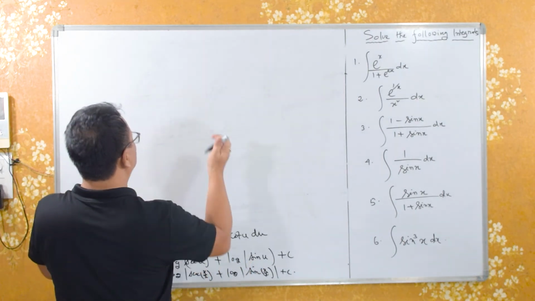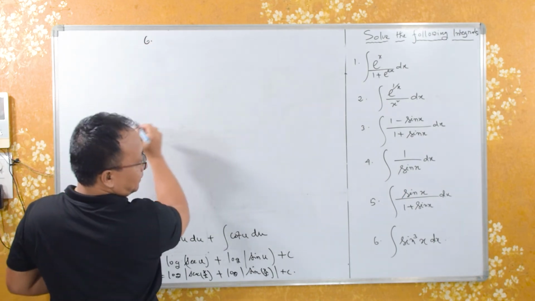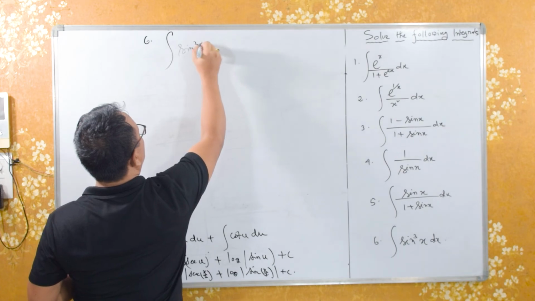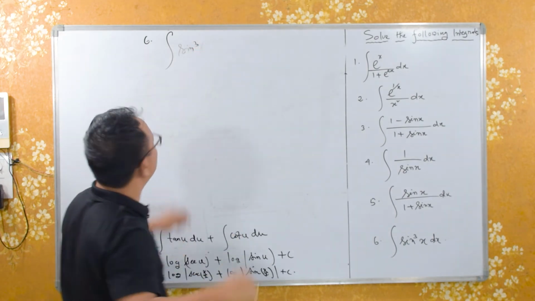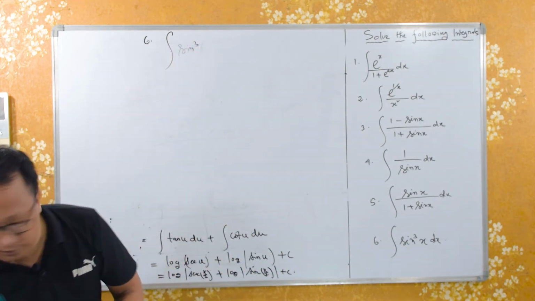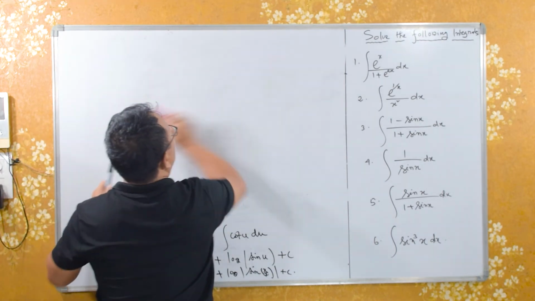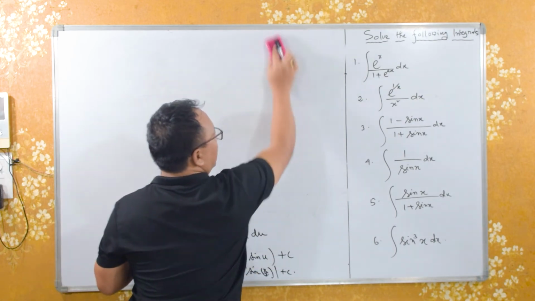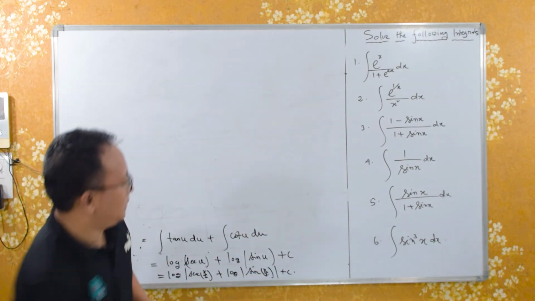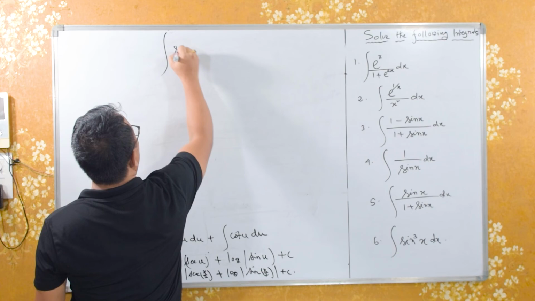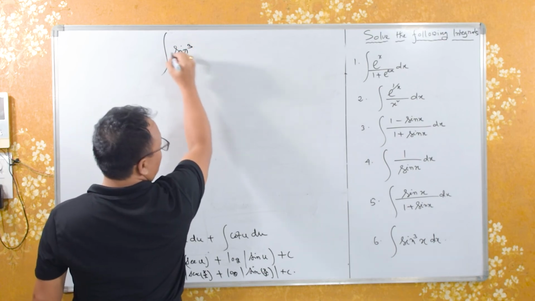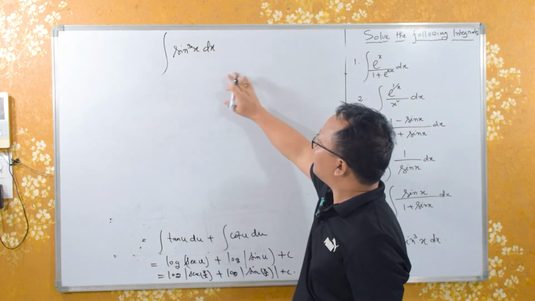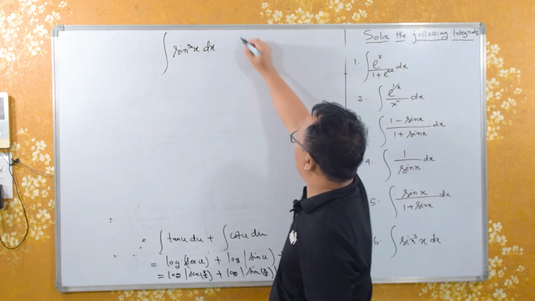Now 6. Okay, last sum. Integral of sine cube x dx. Now this we can do in two ways.